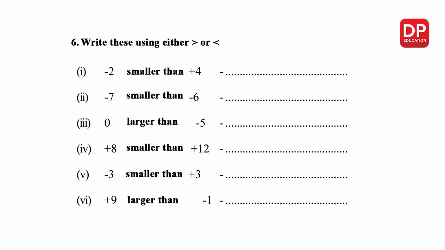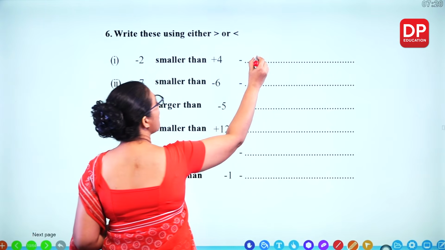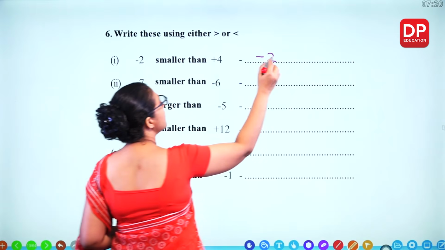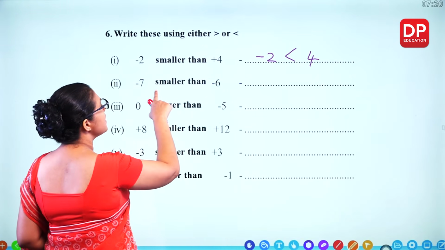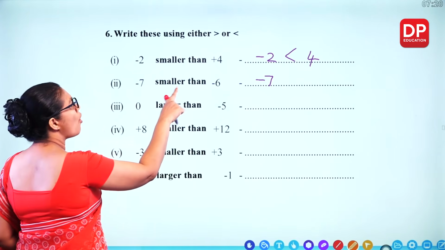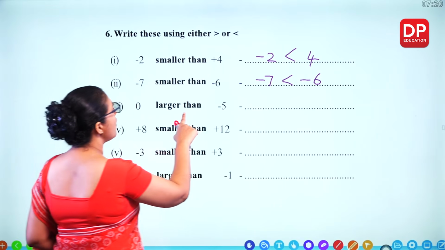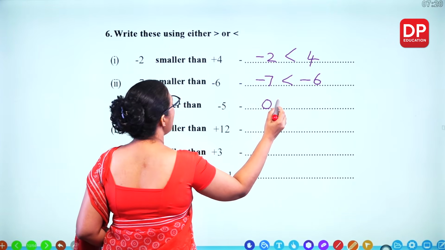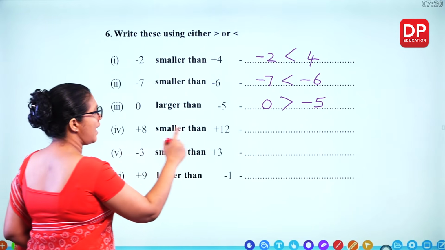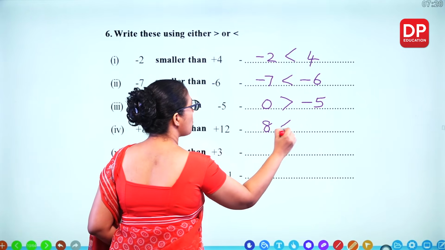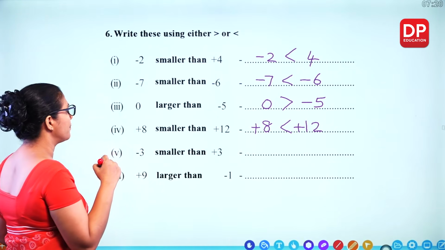Write these using either the greater or less sign. Minus 2 is smaller than, less than 4. Minus 7 is smaller than minus 6. 0 is larger than minus 5. 8 is smaller than 12, plus 12, so you can write plus if you want.